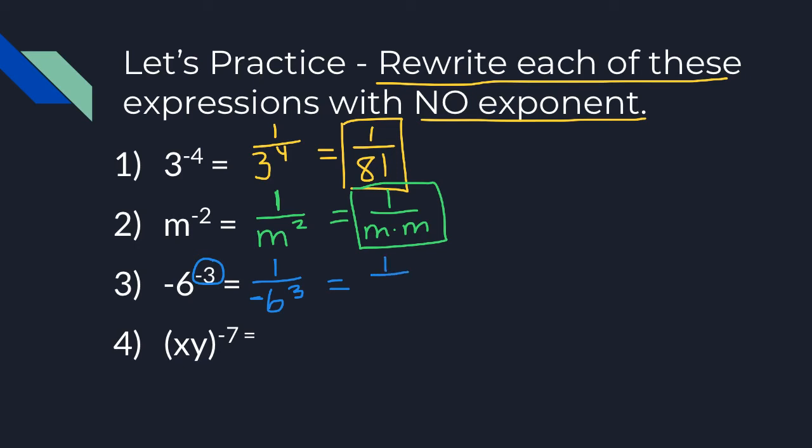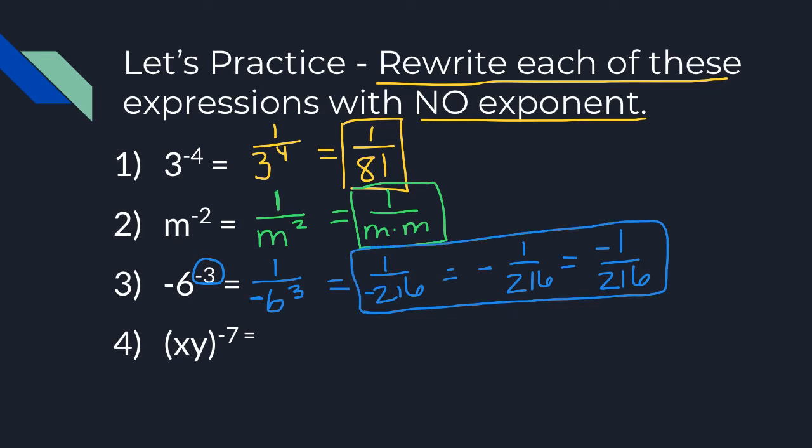So if I put negative 6 raised to the 3rd power into a calculator or into Desmos, I will get 216. A negative 216. Now that negative could go anywhere. It could go outside. It could go on top, or it could stay on the bottom. It doesn't matter where that negative goes as long as you don't forget it.